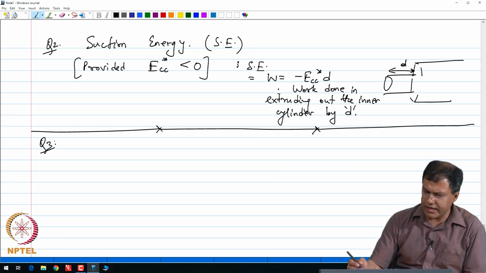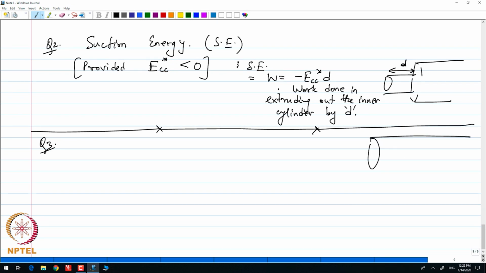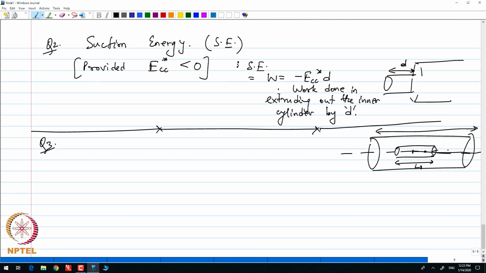So, let us say that in general I have the outer tube of length L 2, and let me also show that the inner tube is of length L 1, and they are all coaxial. So, that is the assumption, and for convenience I am going to call this distance 2 L 2 and this distance 2 L 1.